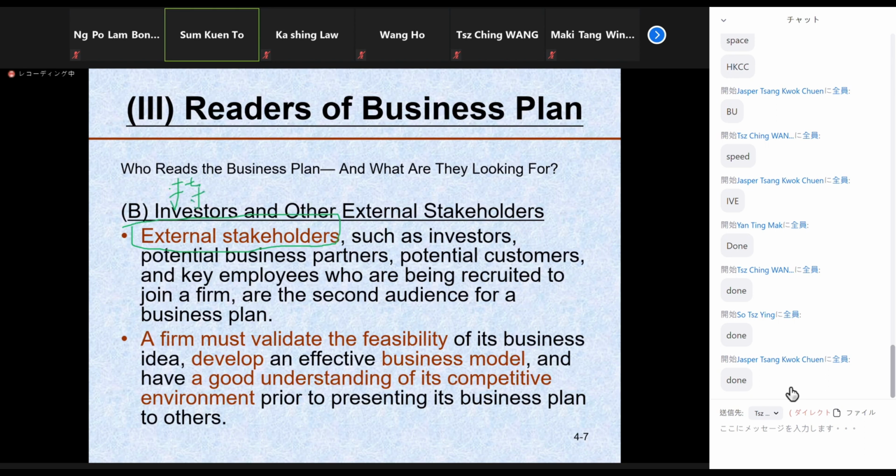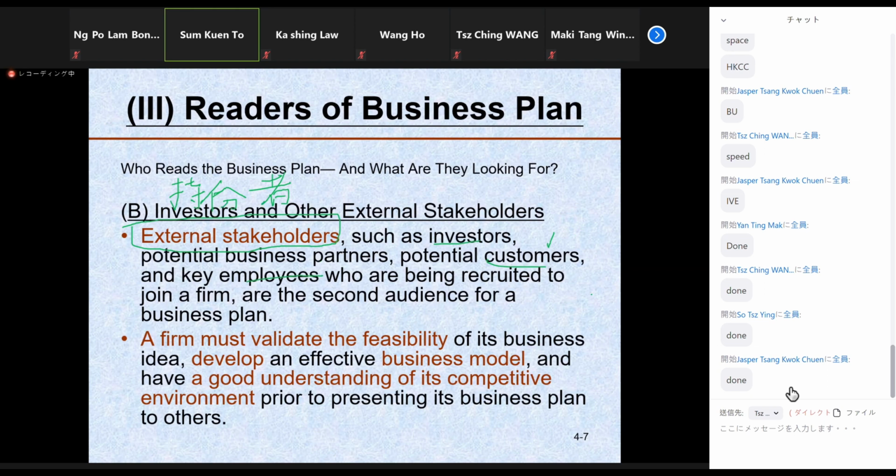So, 持份者, right? And then it can include shareholder, which is the investor, and then customer. So somehow affected by your company, whether the other party, the external one, they are customer, they are employee, they are supplier, etc., etc. They also try to read your business plan to see how your company operates.